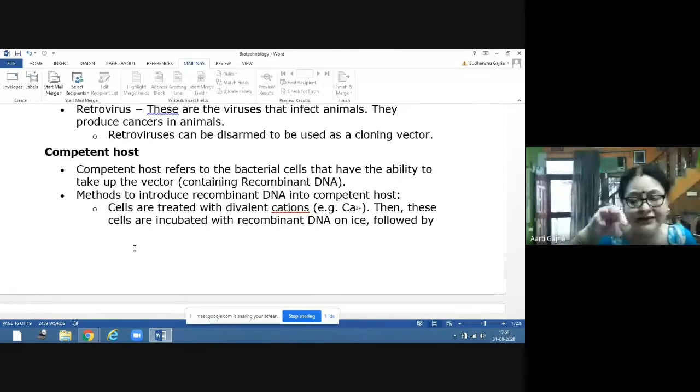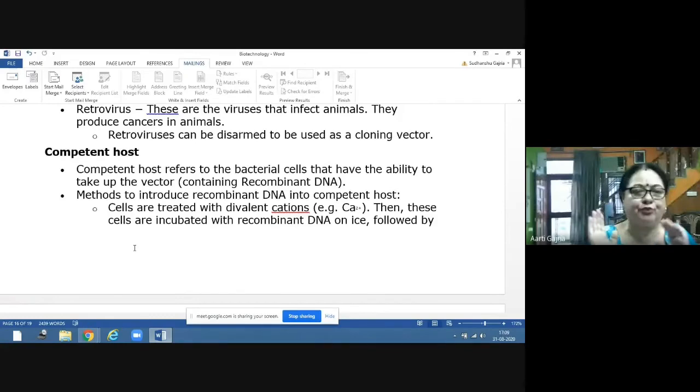Because where is DNA present? DNA is present inside the cytoplasm for bacteria, and for eukaryotic cells, it is present inside the nucleus. So this has to be removed. Once we have the cell wall digested, what is left? What is left with the cell membrane is called the protoplast.